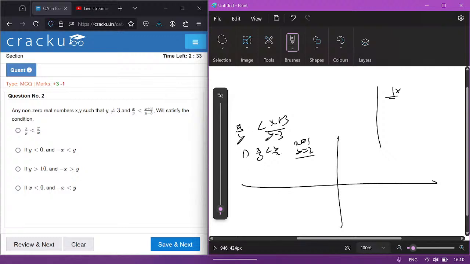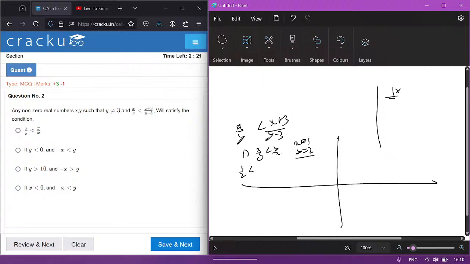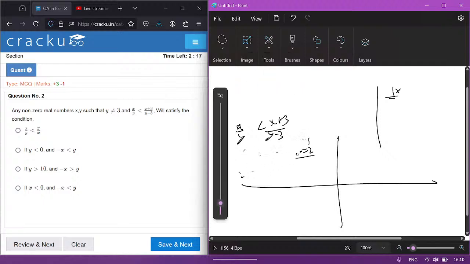So 1 by 2 is less than, no, I'm doing it wrong. Sorry, quickly. When x is 1, y is 2, I get this.